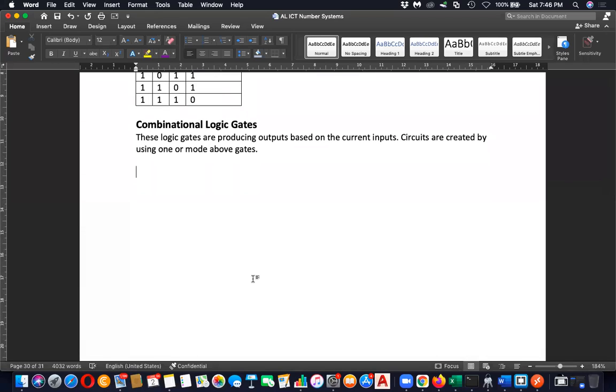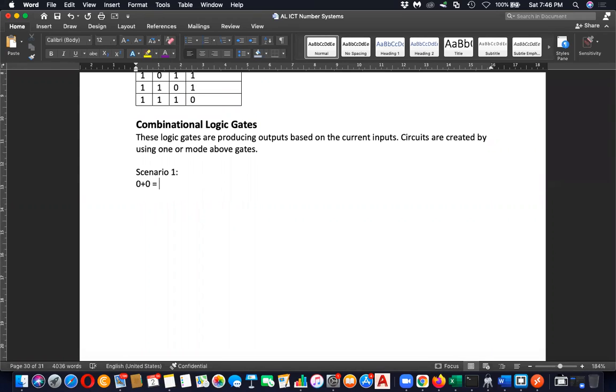Okay, I'm going to give you a small scenario. If I add 1 plus 0, what is the answer? Binary 0 plus 0, what is the answer?